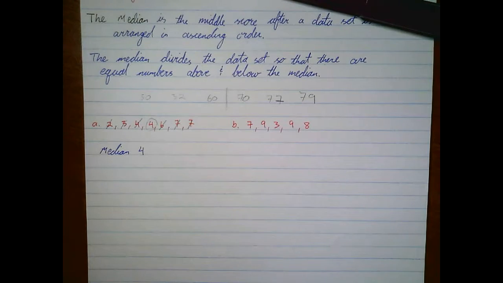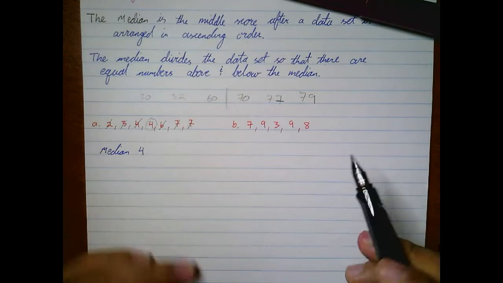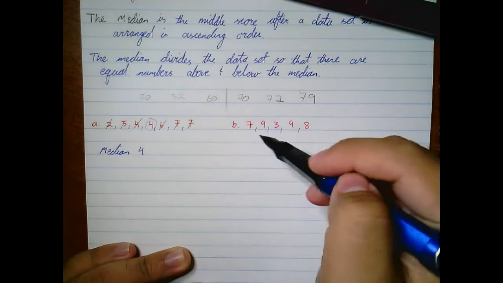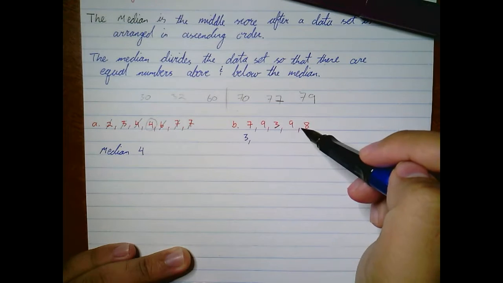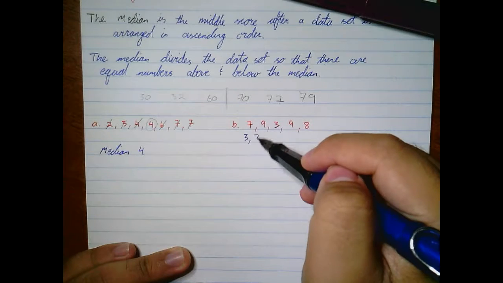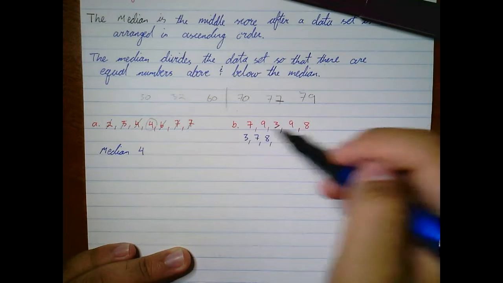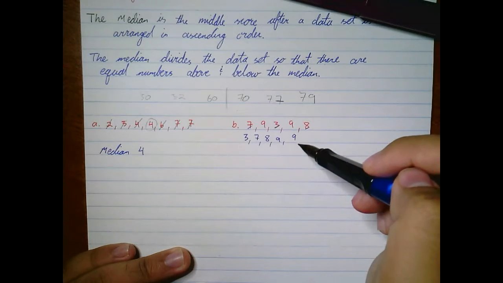And in this case, this is not in ascending order. So what we have to do first is put it in ascending order. So we'll start with the 3, which is the lowest number. Cross that off. Next number is the 7, and then the 8. 7 and the 8. Then the 9 and the 9.